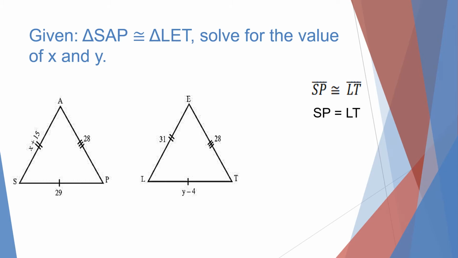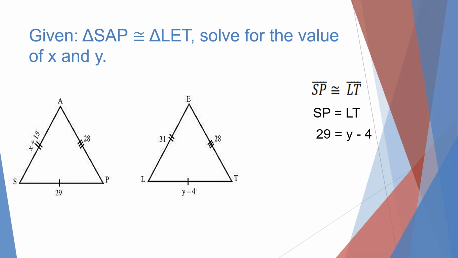Next, we need to apply substitution property of equality. Substitute natin yung value ni SP at ni LT sa ating equation. And SP is 29 and LT is y minus 4. That's why we have 29 equals y minus 4.